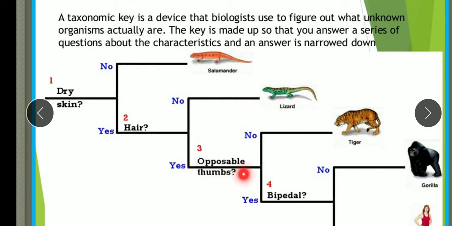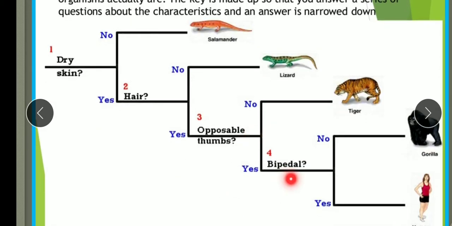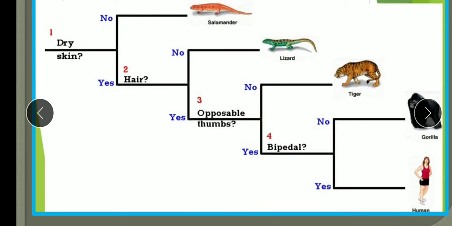If yes, then again we will ask the question: does it show bipedal locomotion? If no, then it is a tiger. If yes, then does it show bipedal locomotion, meaning walking on two legs?